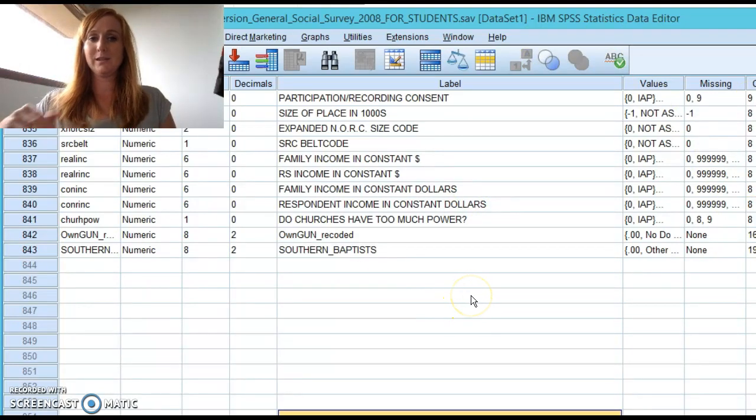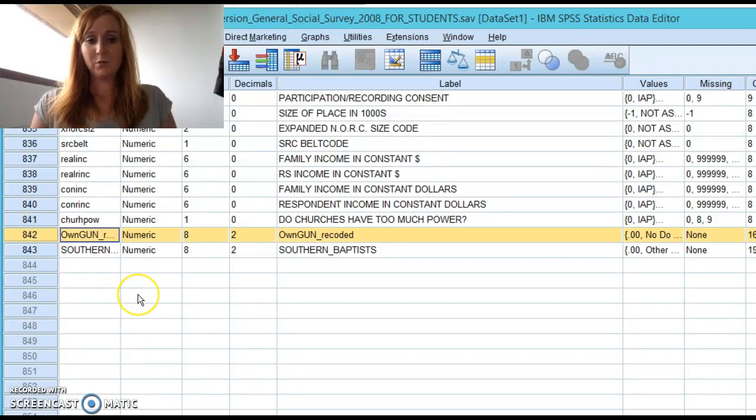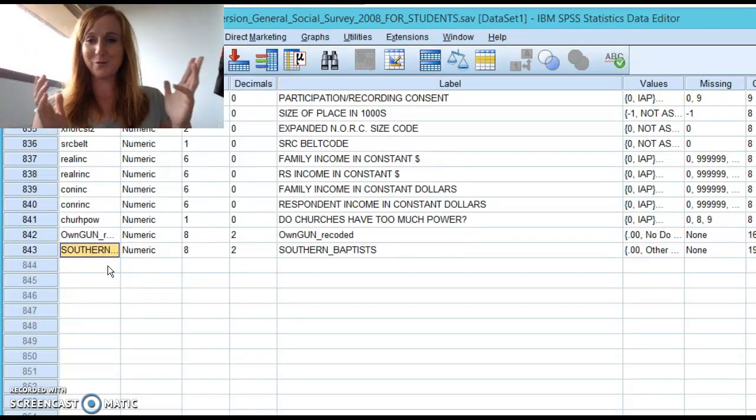I wanted to know the likelihood of someone owning a gun and whether some status about them could predict it as more or less likely. There's a variable called own gun in the General Social Survey. There's also a variable called denom, as in denomination. And I chose, just for fun, Southern Baptists. I thought they might be interesting to study.